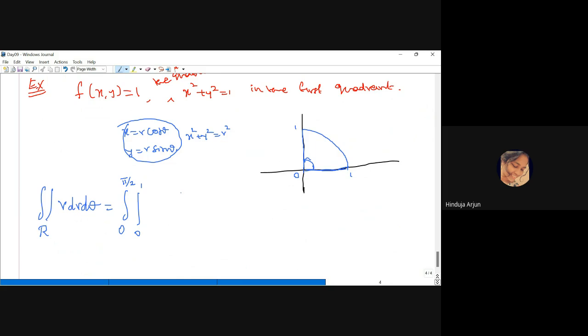Here r square is equal to 1, no, sir. Yeah, because the radius is 1. Yeah, so therefore what will you get? So we can directly write dr d theta. Okay, I think the function is 1. If you write r dr d theta, you say.